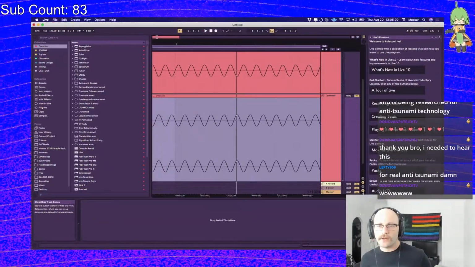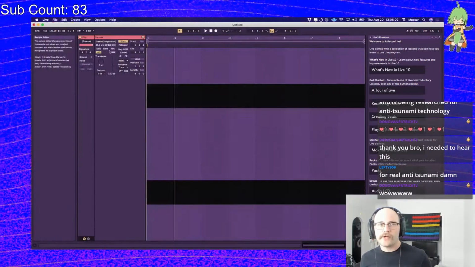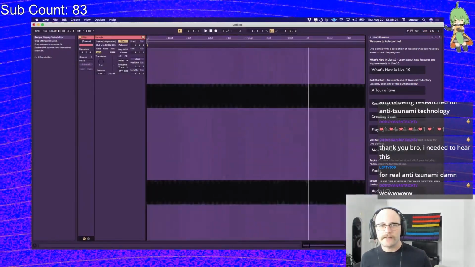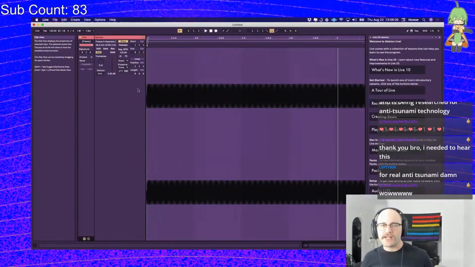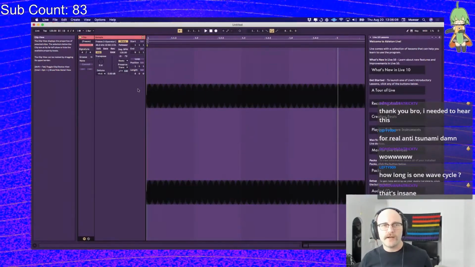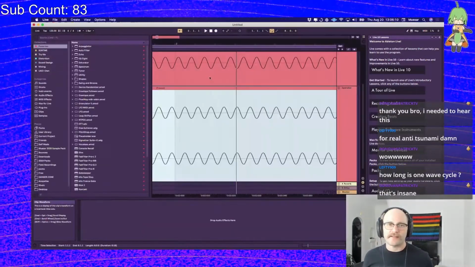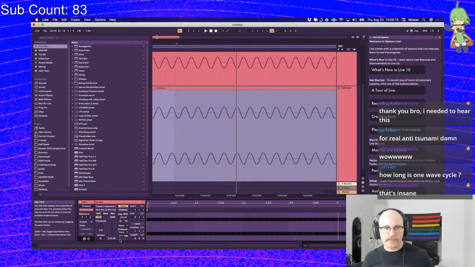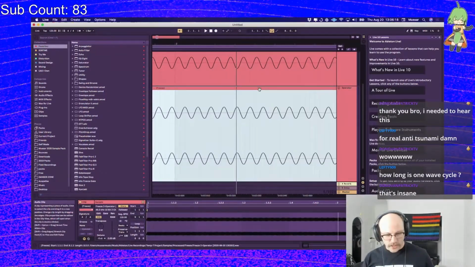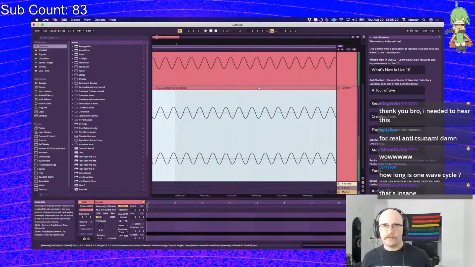Now I'm going to go a step further, and we're going to create a consistent separation between them. I'm going to detune this by just -5 cents. So let me set this to -5, and then I will consolidate this as a new audio file.